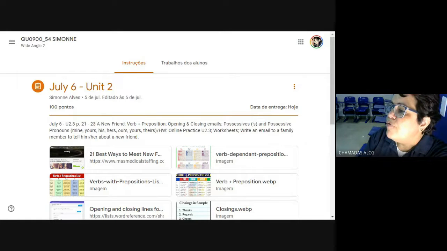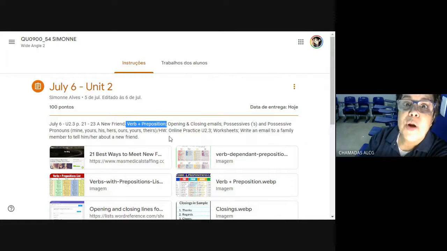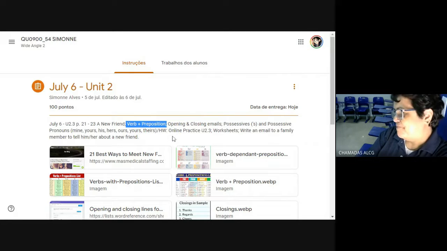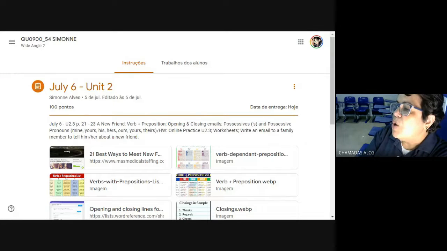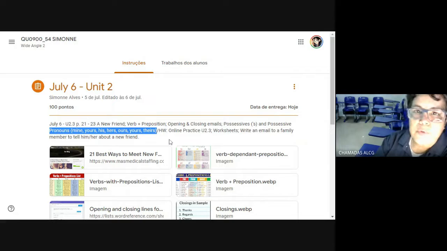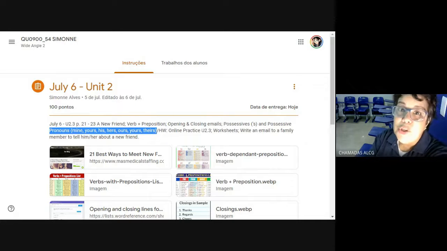We saw verbs plus preposition, opening and closing emails, and possessives with apostrophe s and possessive pronouns. Here we have the examples: mine, yours, his, hers, ours, yours, and theirs.